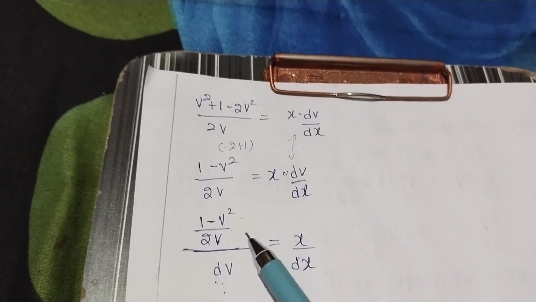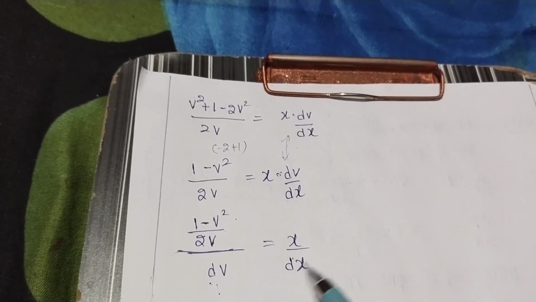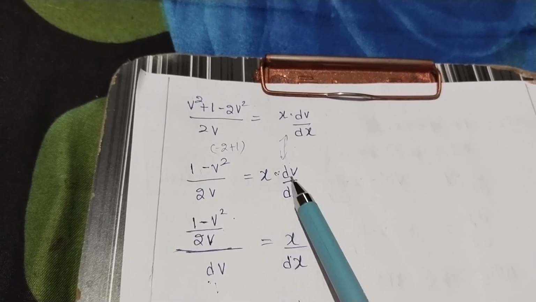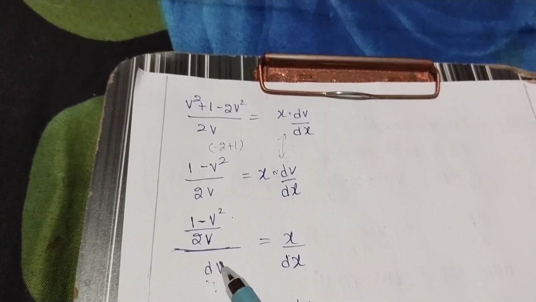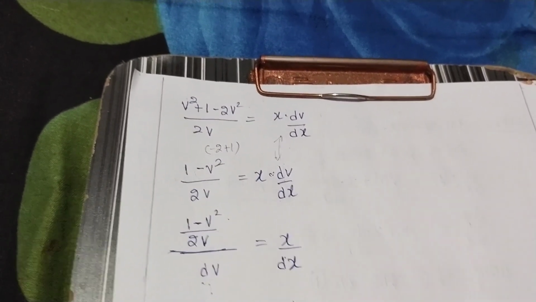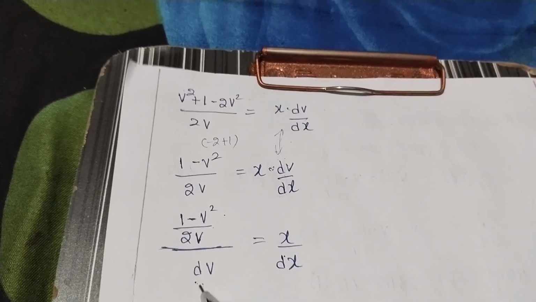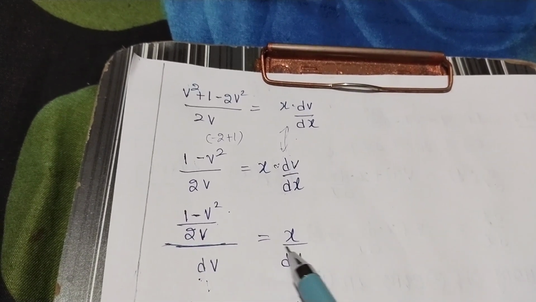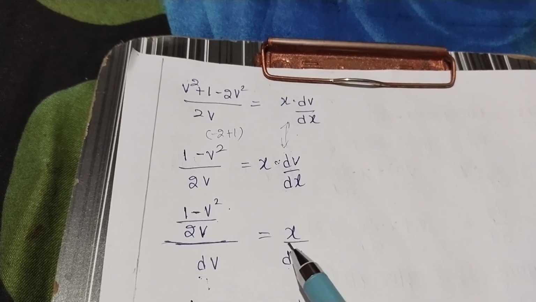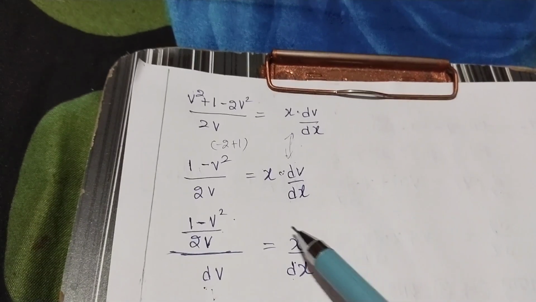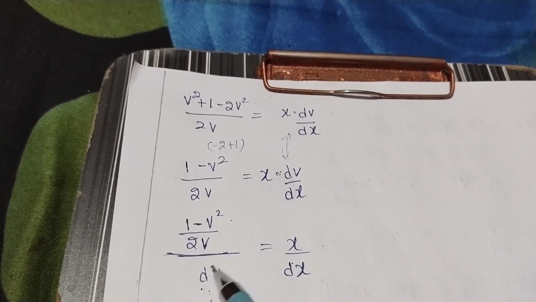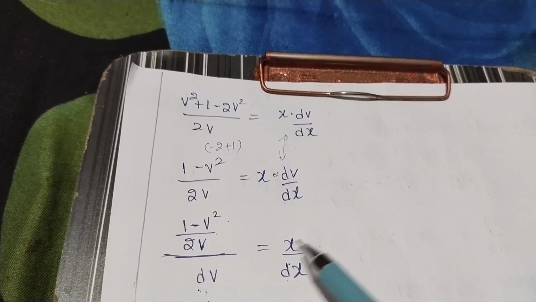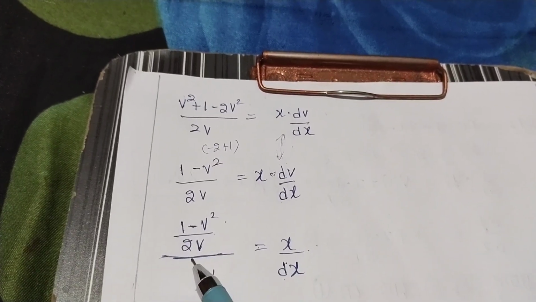Now as we have shifted dv here and we have kept the x term here, the same term is over here. Now dv and dx, both terms should not be in the denominator, so let's send them up. How the sending is possible is by taking the reciprocal of the terms on the right and left of the equals sign.